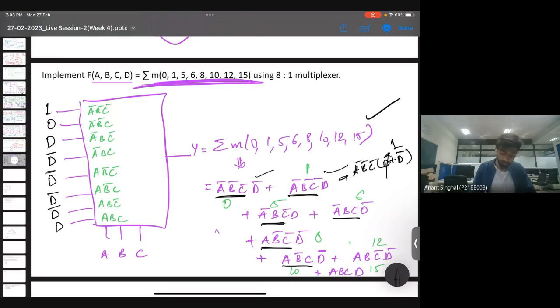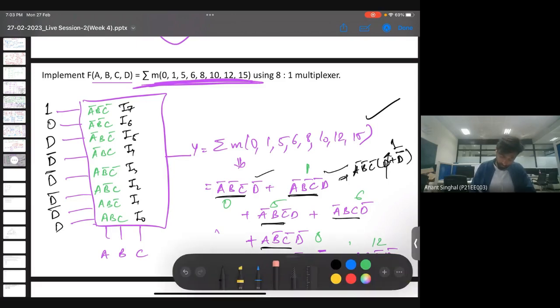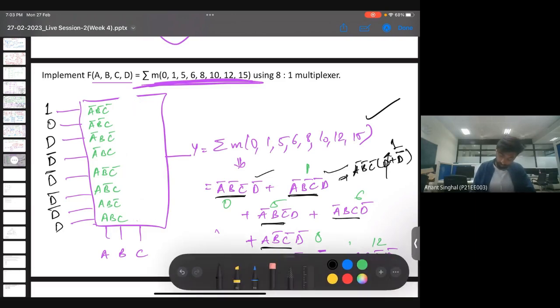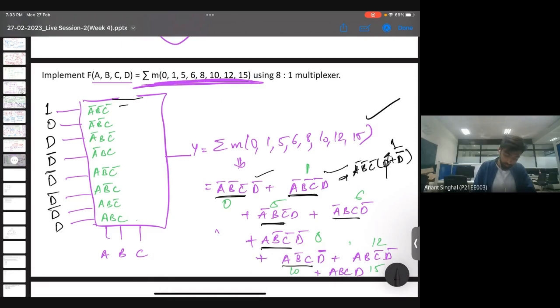Please respond, everyone, if it is clear. So this is I7, I6, I5, I4, I3, I2. Okay, sorry. Order is wrong. I0.